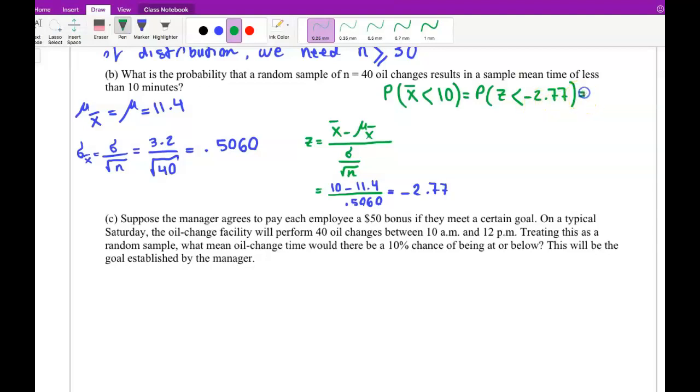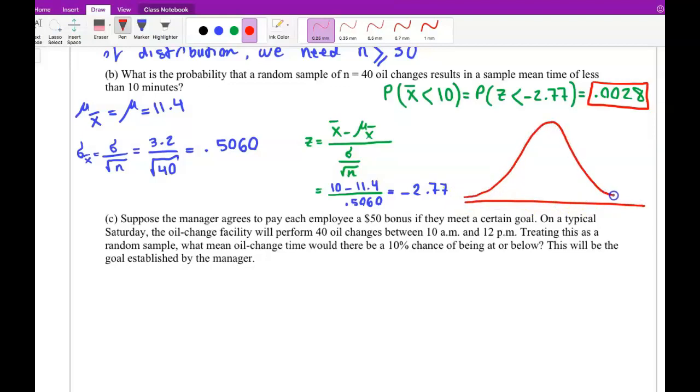Using the table, the answer is 0.0028. So z was negative 2.77, and the area, probability, or proportion for this part was 0.0028.